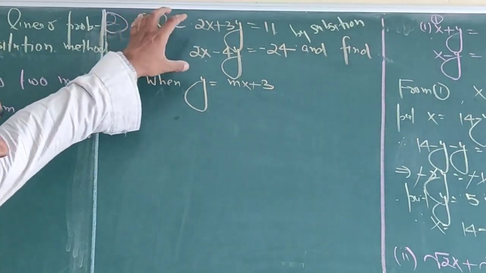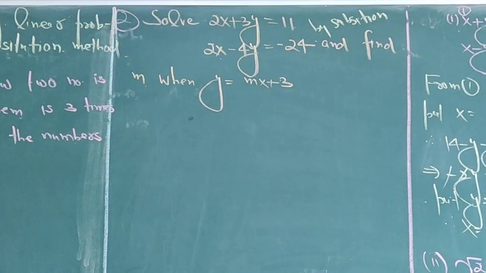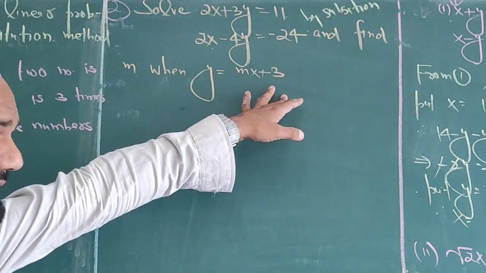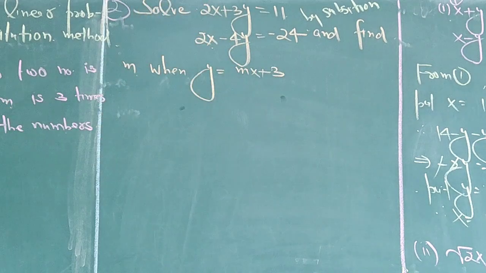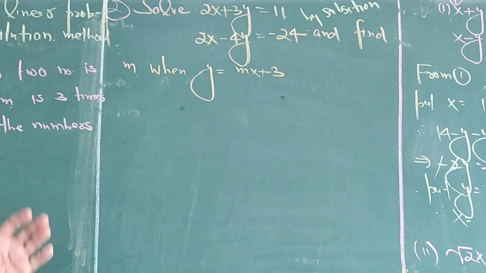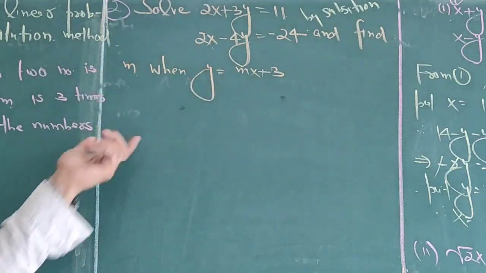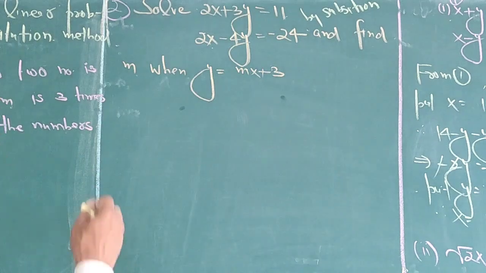Means we solve the first two equations by substitution method, and also find m when y equals mx plus 3. When we solve the first two equations, we get the values of x and y, and when we put them in the third equation, we obtain the value of m. So first of all, we solve the given two equations.